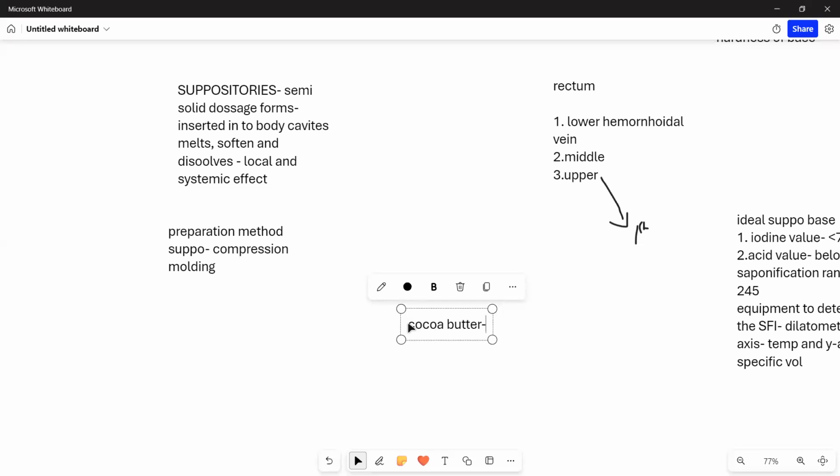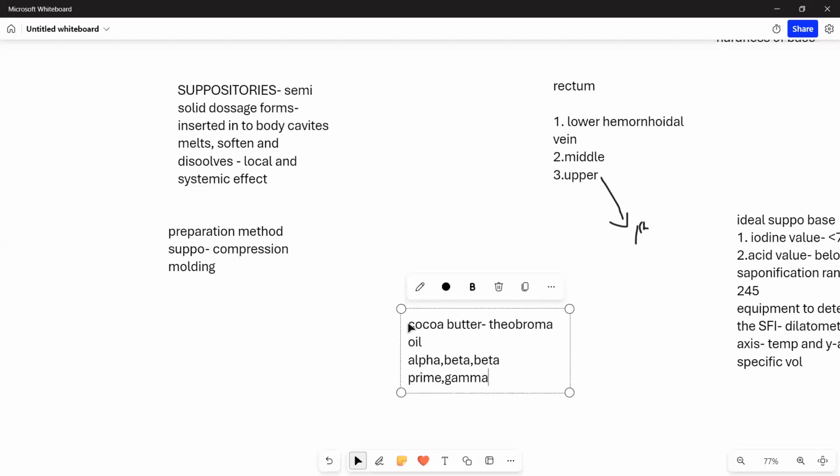Nice. The number of polymorphic forms that exist for cocoa butter: alpha, beta, beta prime, and gamma. Great, Vivek.